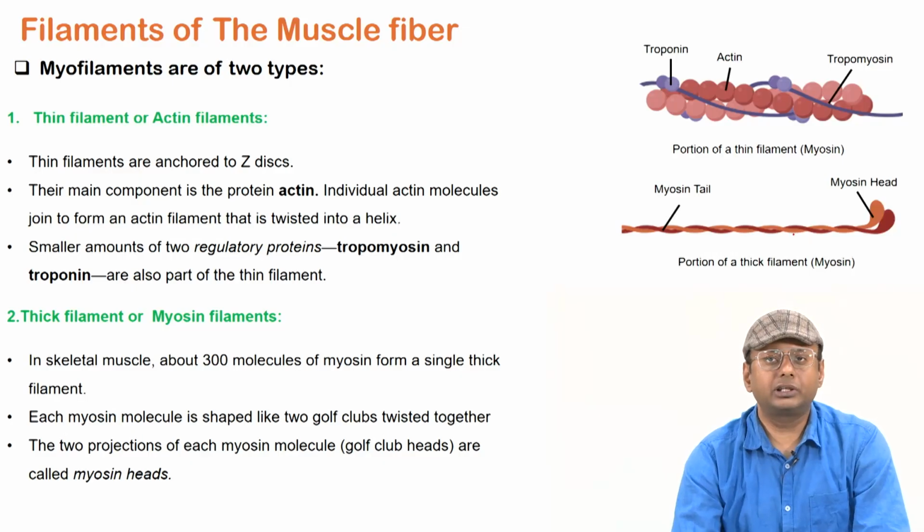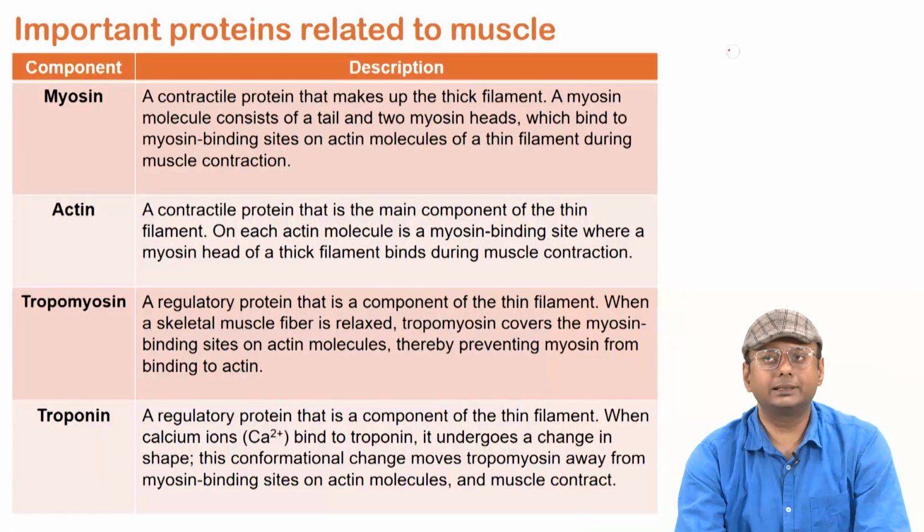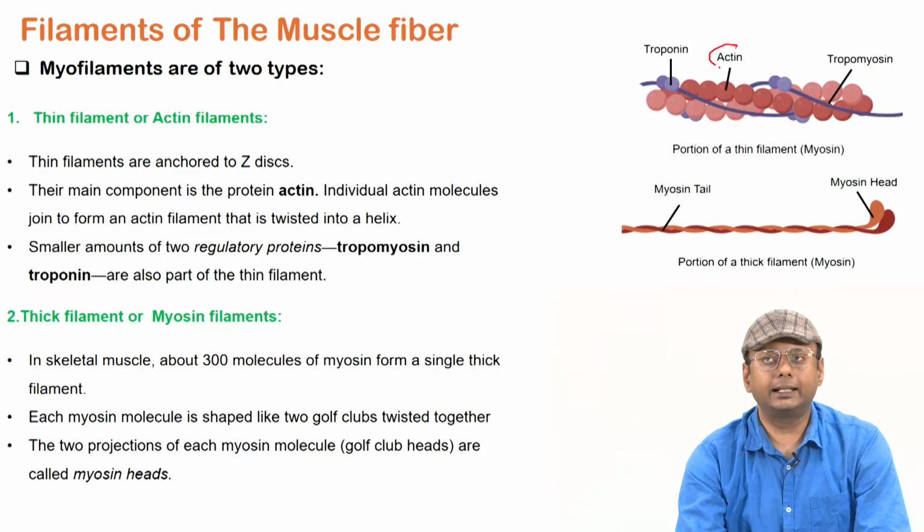In the case of the thin filament or actin filament, these are mostly anchored to the Z disc. What the Z disc is we will discuss very soon, but just consider that these thin filaments are attached to the Z disc. In the thin filament you can see different types of protein. The most primary or important protein is actin.